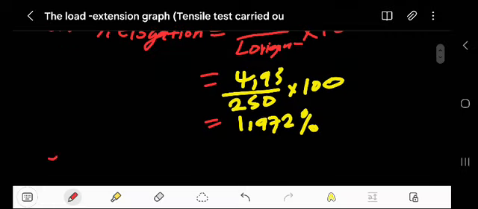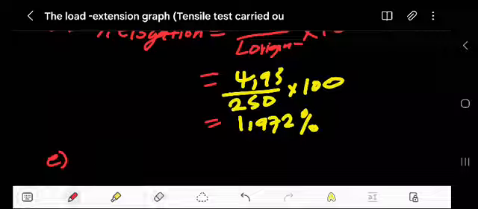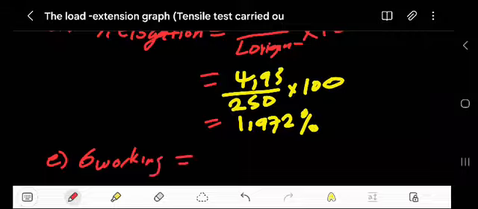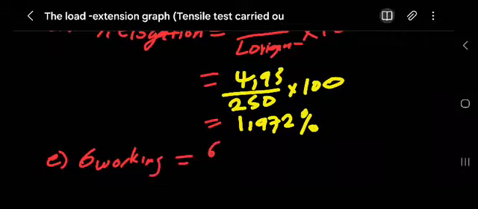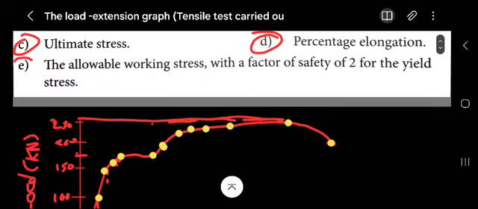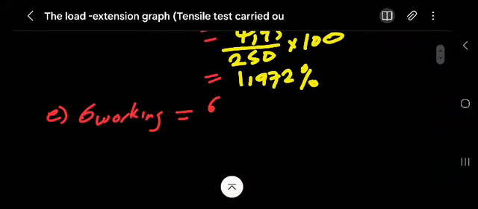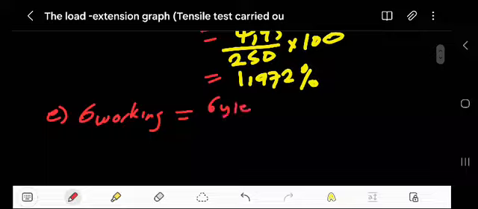So E, allowable tension, we said we should calculate allowable tension. It's called the allowable working stress with a factor of safety of 2 for the yield stress. So here we have the yield and the factor of safety.